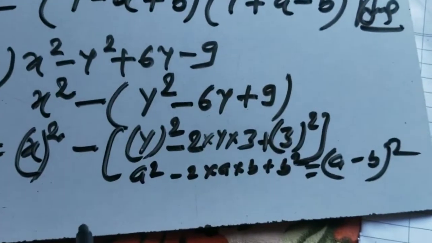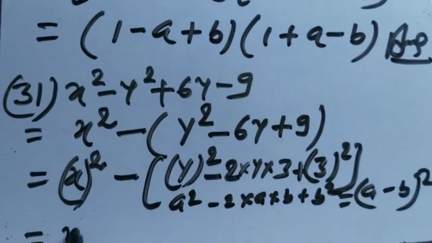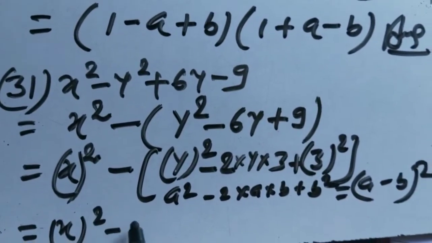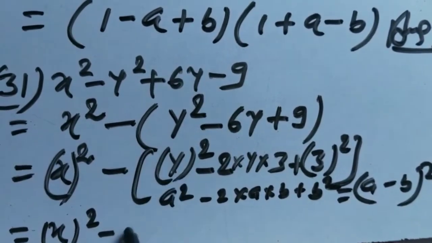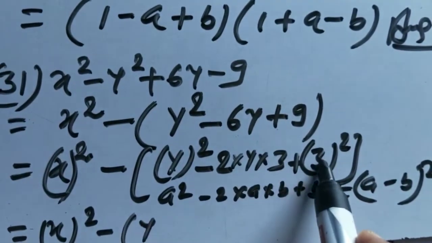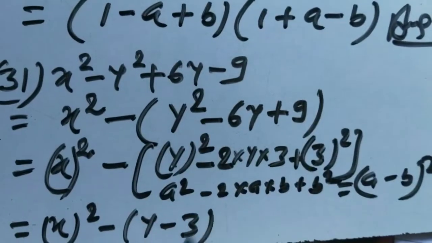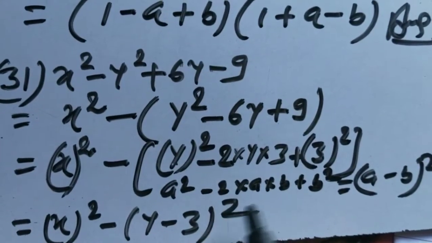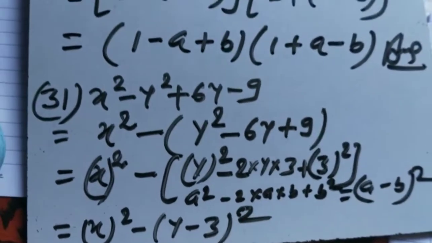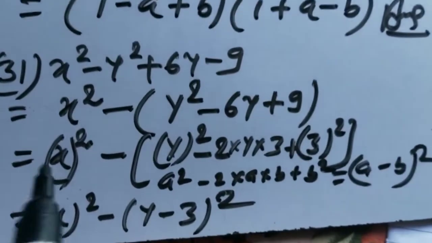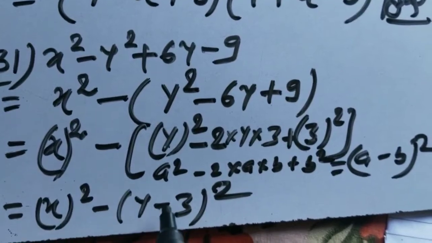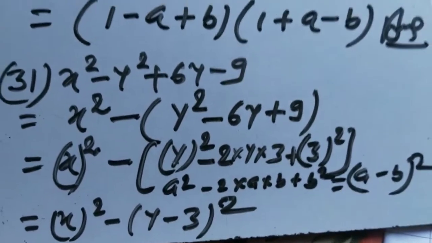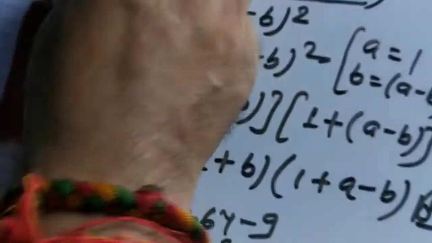So it will be x the whole square minus, and this will become a minus b, at the place of a there is y, at the place of b there is 3, so it will become y minus 3 the whole square. Now it becomes x square, a square minus b square. At the place of a there is x, and at the place of b there is y minus 3. Then you have to factorize it.